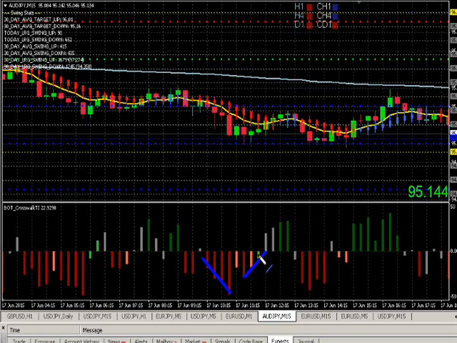Then you can see a light green here, oscillation below the zero line. This is something that we put into the crosswalk, and sometimes it can signal a small reversal. And it's trying to be early because we are oscillating down below the zero line, but we've turned green.